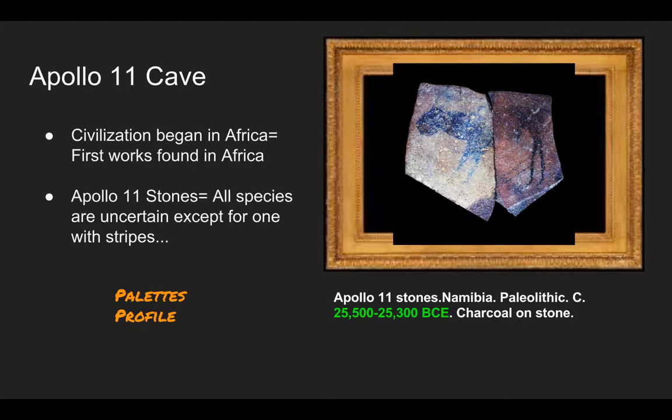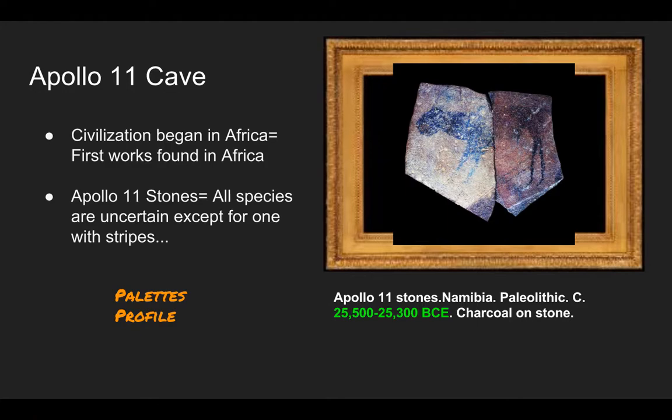Apollo 11 cave was found in 1969. There were 7 fragments of stone which had paintings of unrecognizable animals on them. Some of them are kind of recognizable. You see spots on some, big blobs on others. But the only one with definite characteristics was one that had stripes.